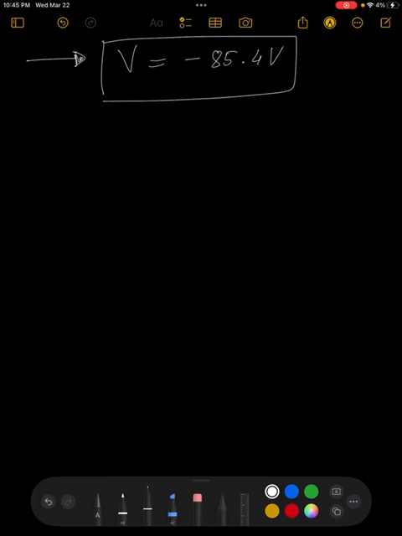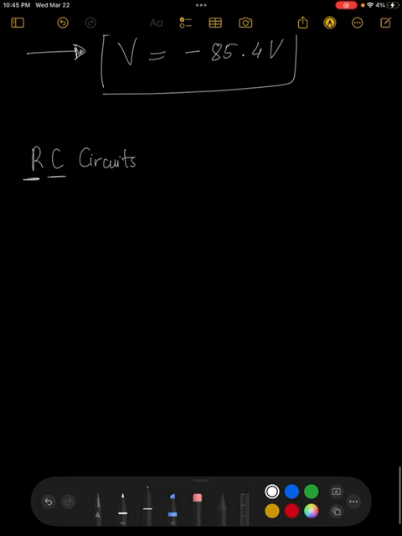Introducing RC circuits. RC circuits are simply circuits that contain resistors and capacitors.